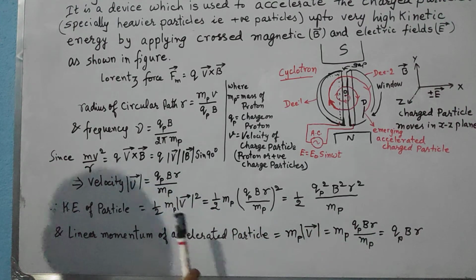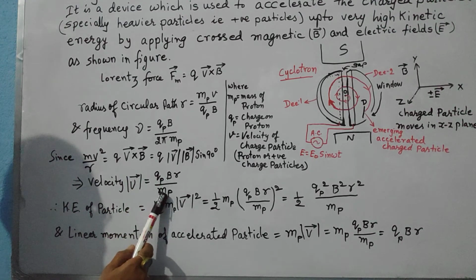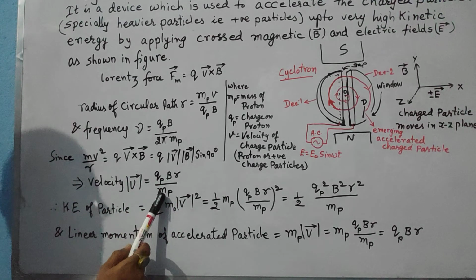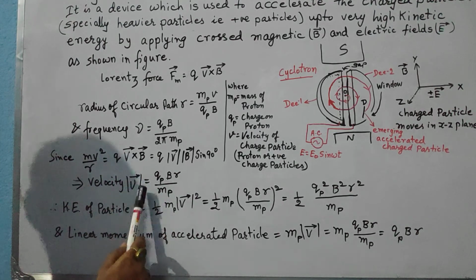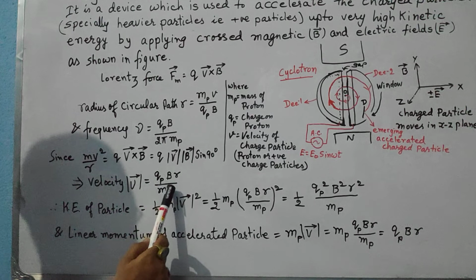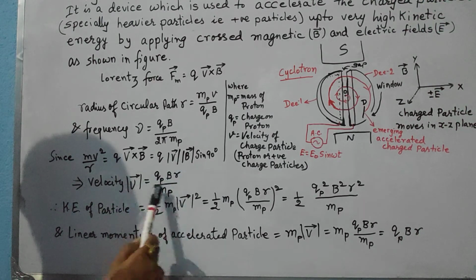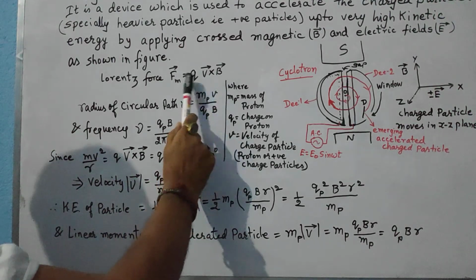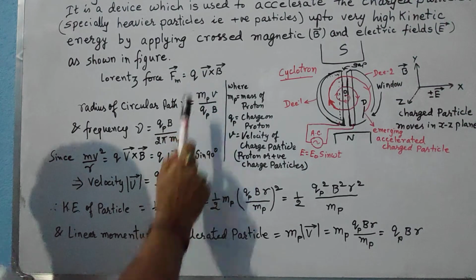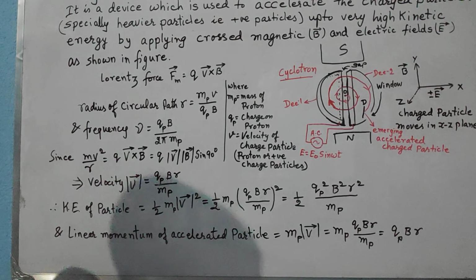Here you see the velocity is inversely proportional to the mass. If the mass becomes higher due to relativistic effect, the velocity will no longer increase by the same force applied by the Lorentz force.